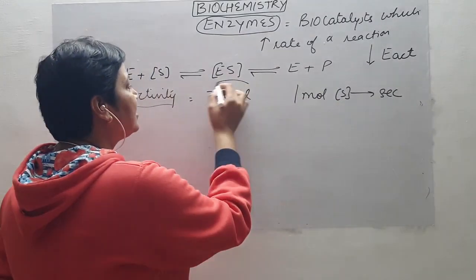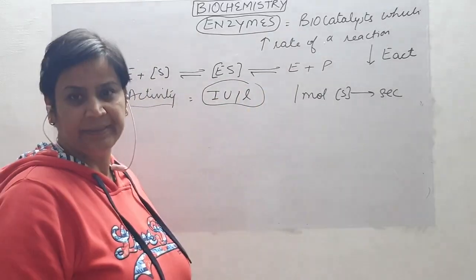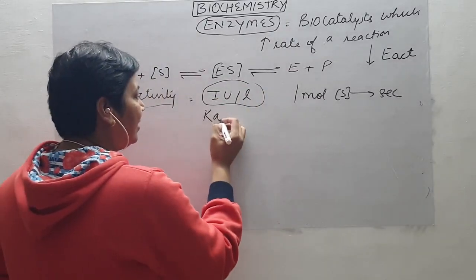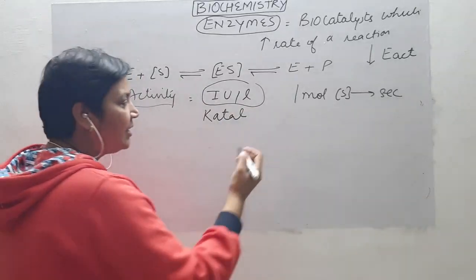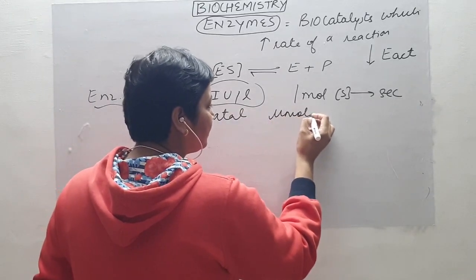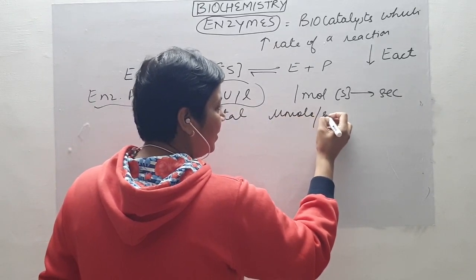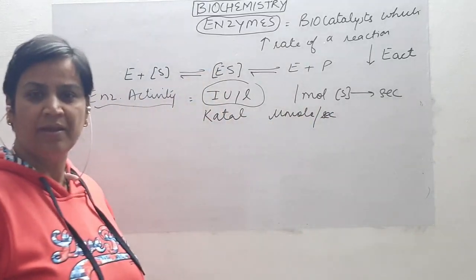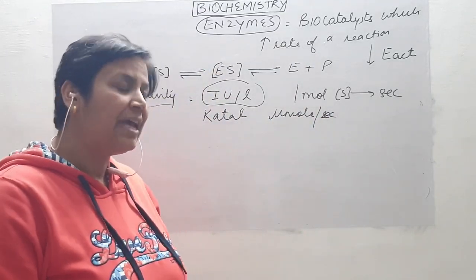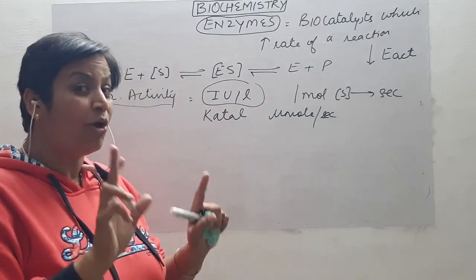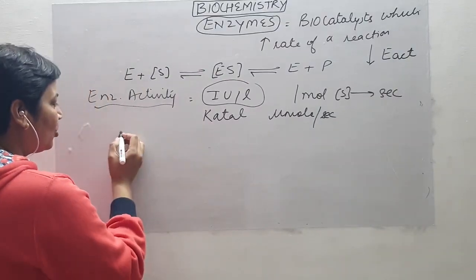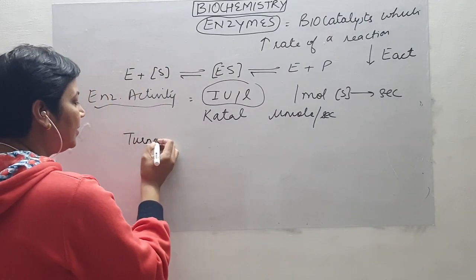This is the international unit, IU per liter. One more unit is there, katal. And otherwise it is micromoles per second.